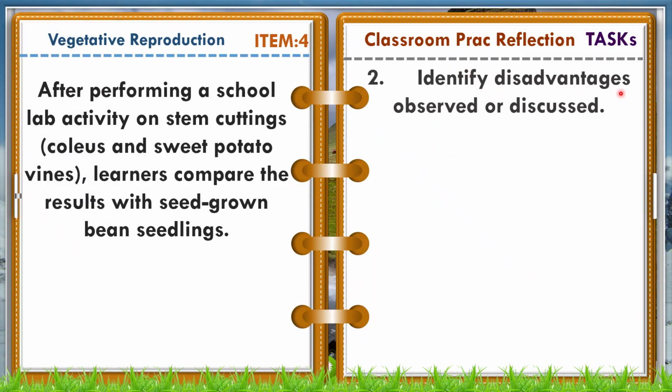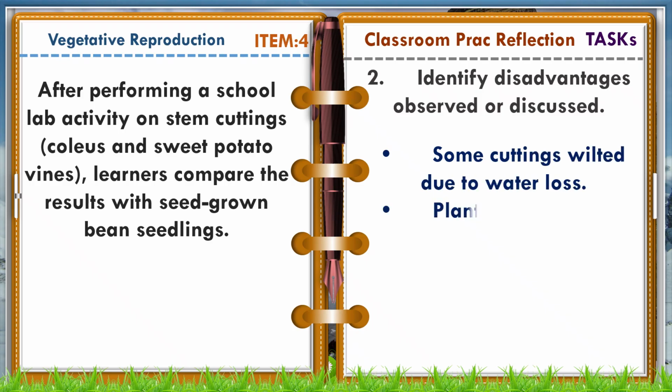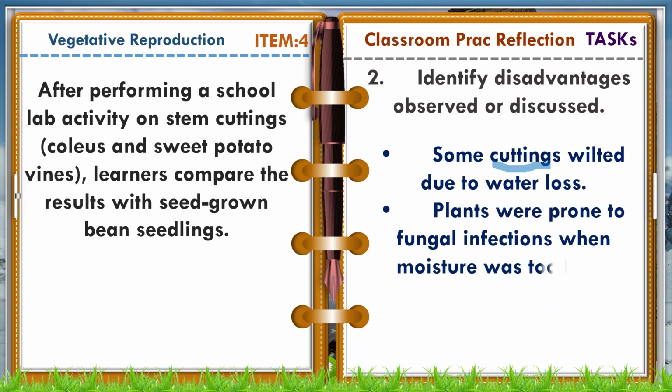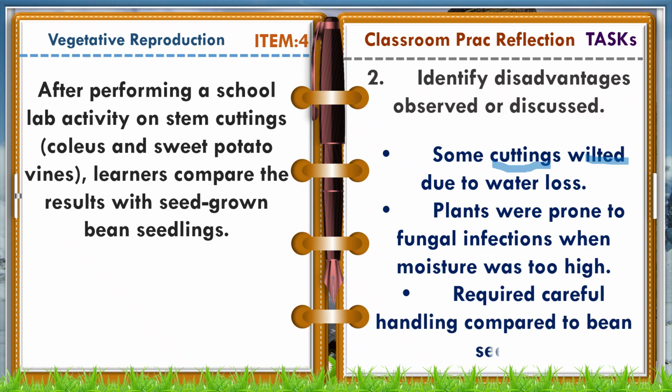Identify disadvantages observed or discussed. Some cuttings wilted due to water losses. Plants were prone to fungal infections when the moisture was too high. They required careful handling compared to bean seeds.